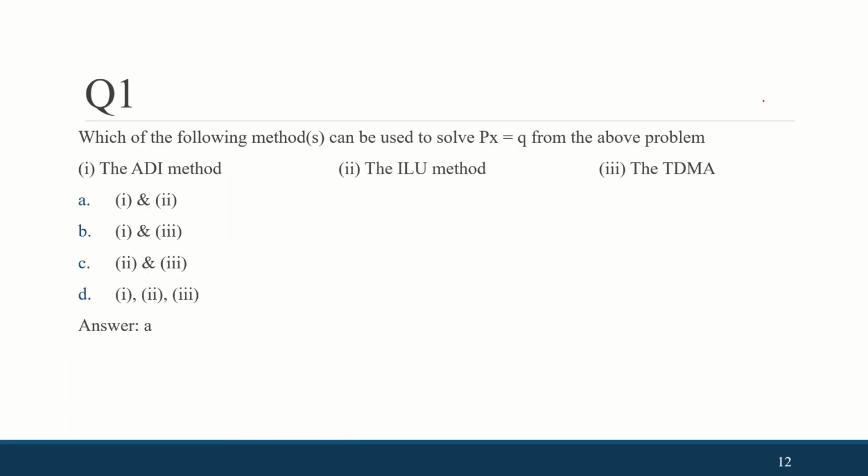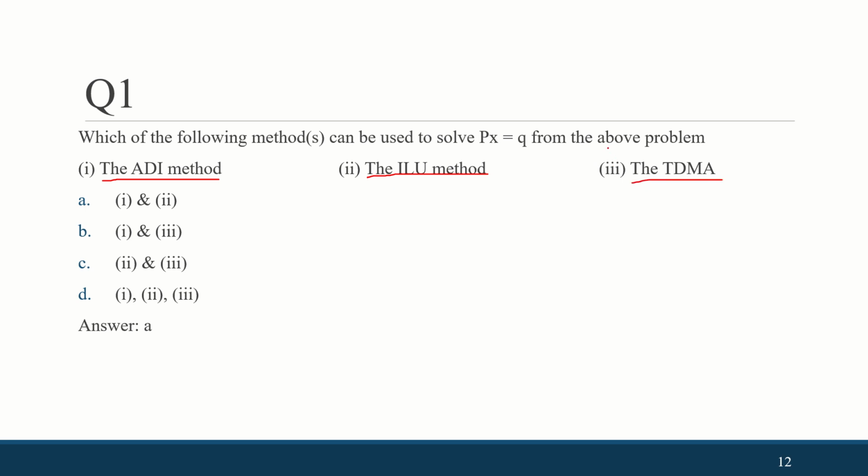Which of the following methods can be used to solve Px equals Q from the above problem? ADI, that is alternating direction implicit scheme, and ILU method, that is incomplete LU decomposition method, and the TDMA method.